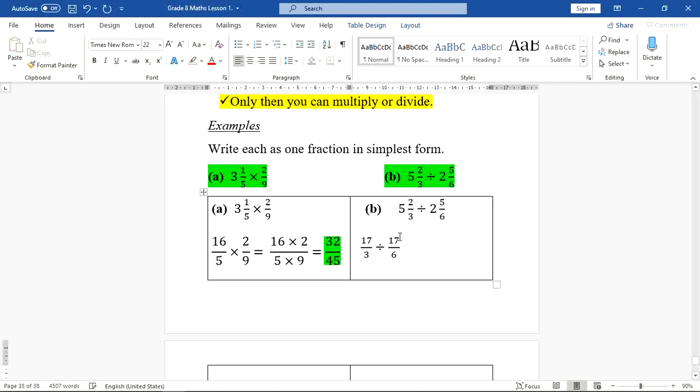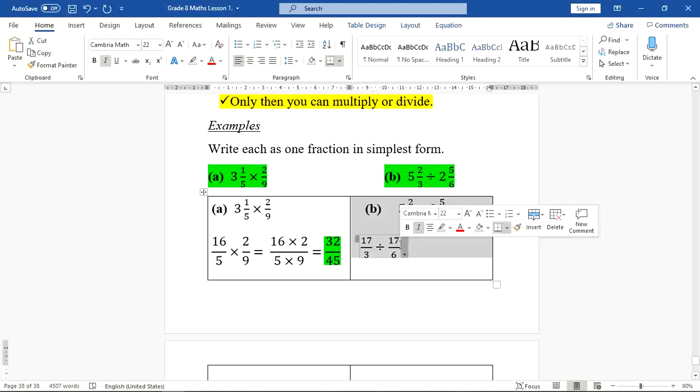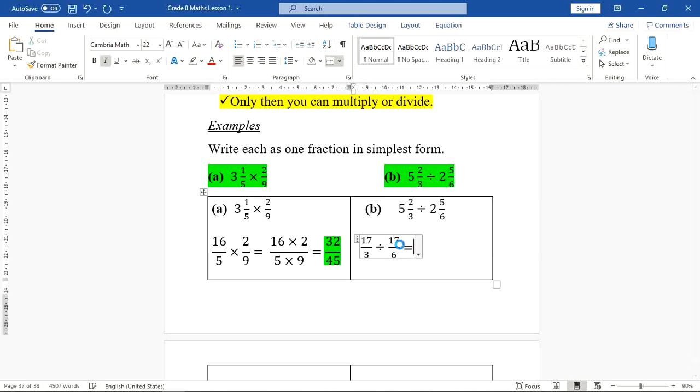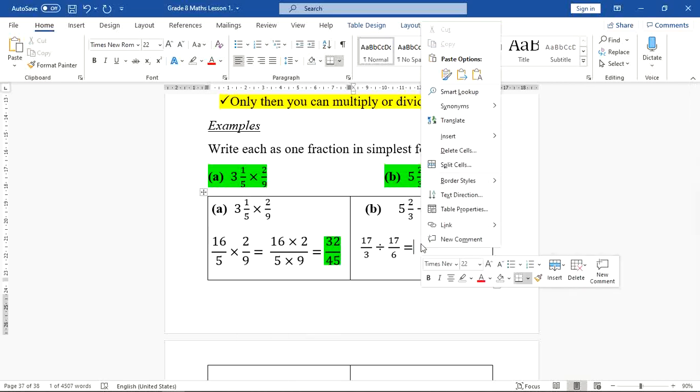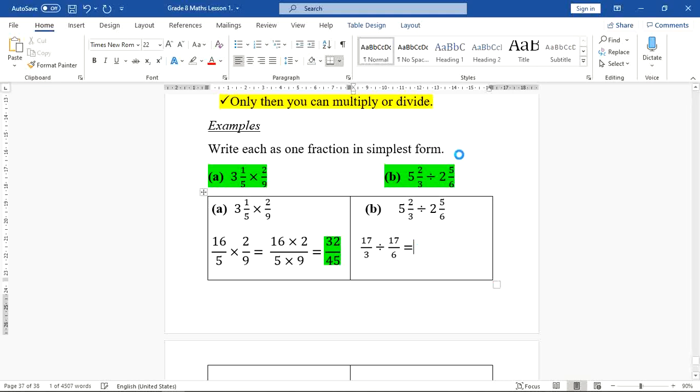Alright, so now with division, there's an extra step that we need to do. We need to find the reciprocal of the second fraction, meaning that we keep the first fraction as it is. So let me copy this and bring it here, and then I say this is 17 over 3, and then the sign changes to multiplication.